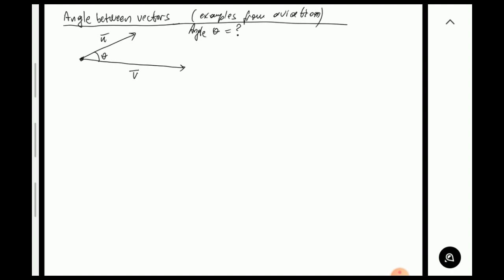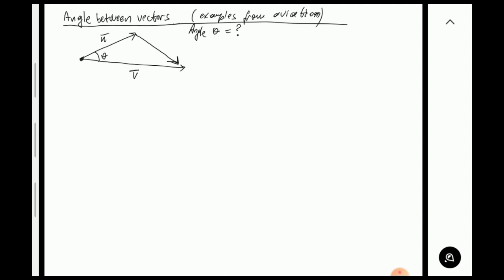We're going to use a geometry property and then rewrite it in terms of vectors. I'm going to come up with a new vector that forms a triangle with these two. It doesn't matter the direction, but let's say it's the vector that connects the terminal point of U as the initial point and the terminal point of V as the terminal point of this new vector.